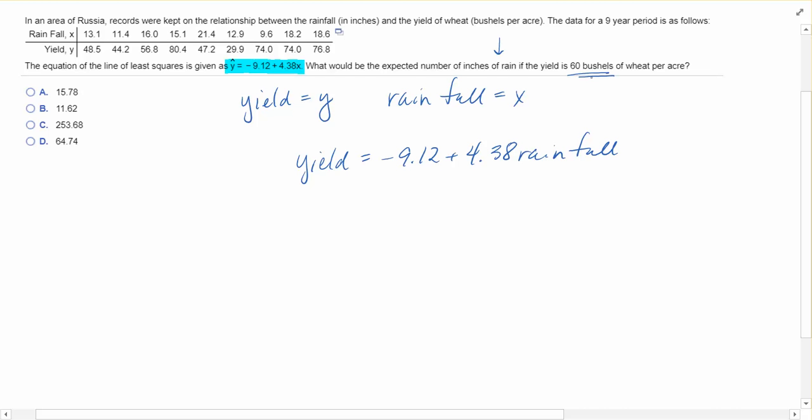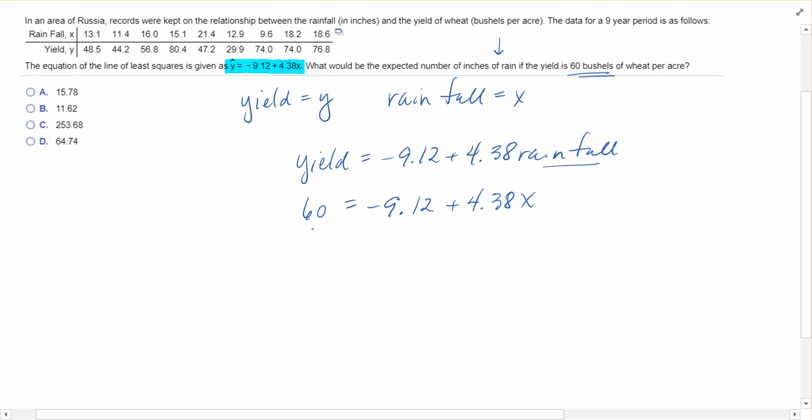Well, if we're given the amount of yield, which would be 60 bushels, how much rainfall is that going to amount to? How much could we expect the rainfall to amount to? So we're just going to plug in 60 for yield and simplify this equation. So plus 4.38 times the x, which is our amount of rainfall.